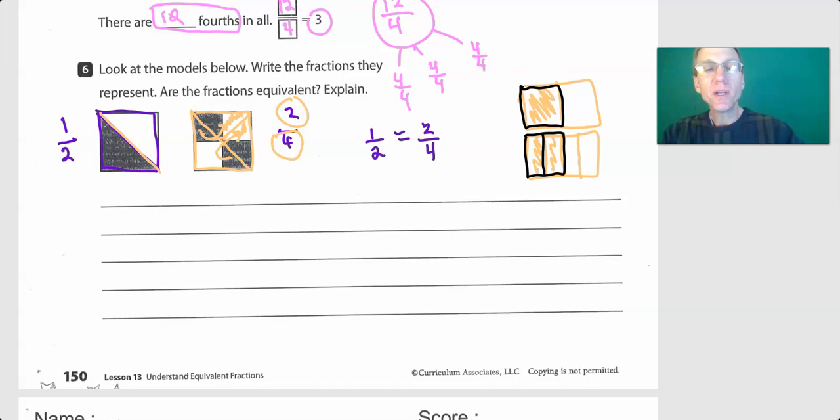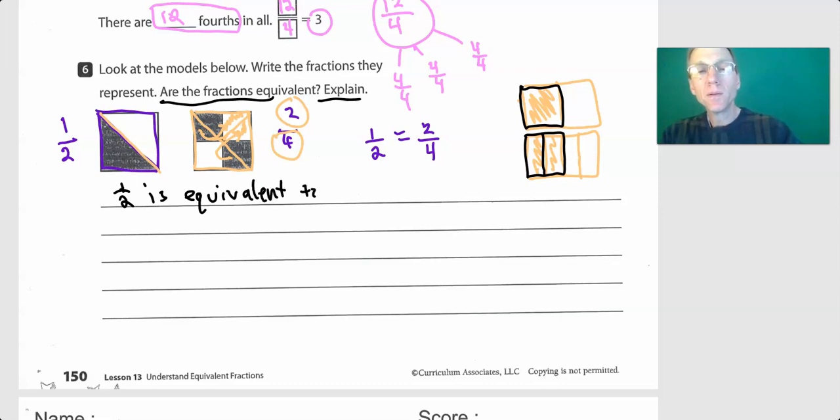You could either look at your drawings. So when you write an explanation in math, it says, are the fractions equivalent? So you have to answer that, and then you would have to explain. So you could start by just saying 1/2 is equivalent to 2/4.